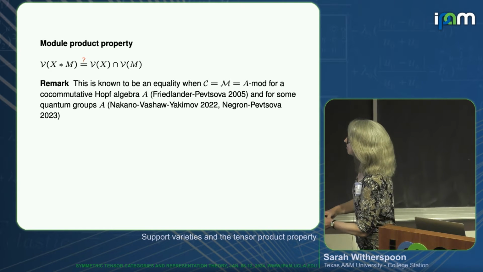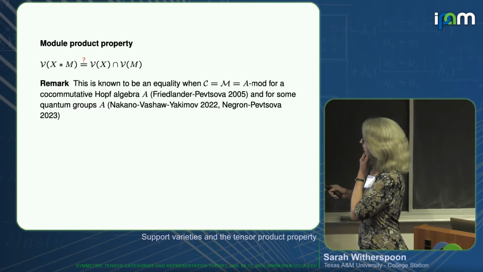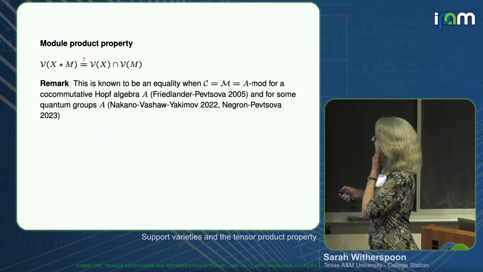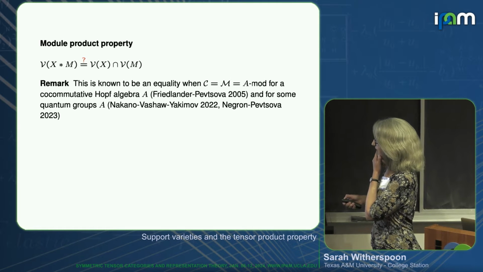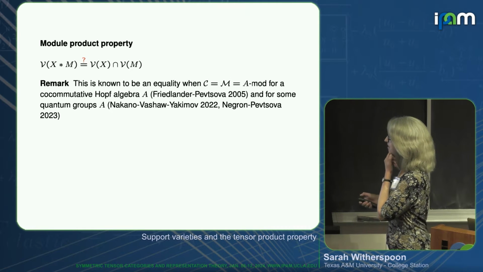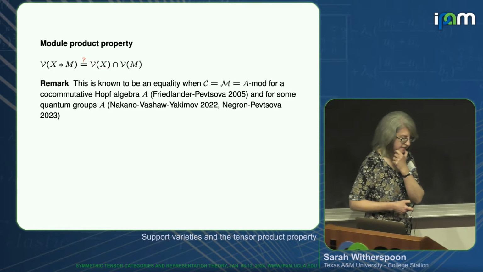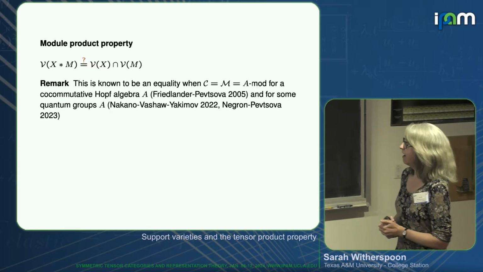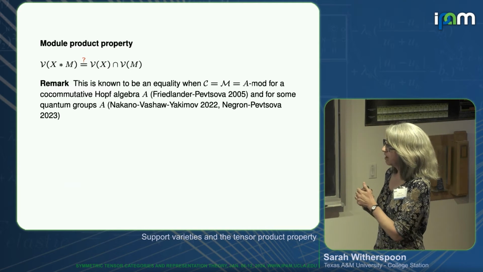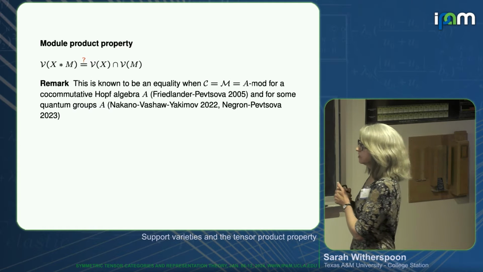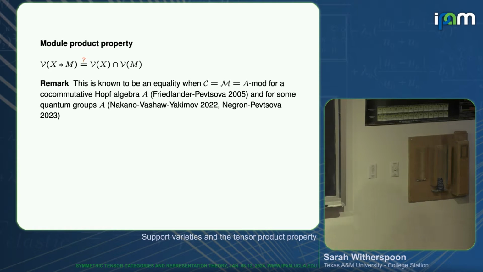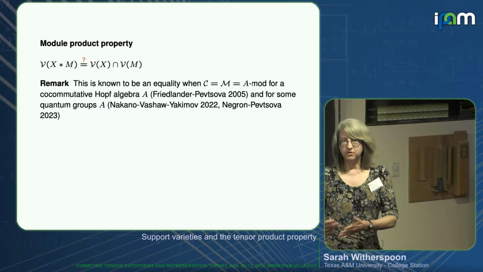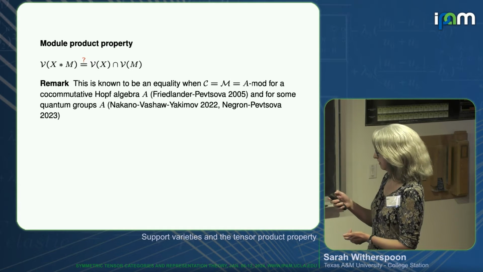Also, for some quantum groups, there's this recent work of Yulia Pevtsova with Chris Negron, and also Kent Vashaw, who's here, with Dan Nakano and Yakimov again, where they looked at some types of examples, for example, some quantum Borel groups. So this module product property is known in a number of settings. When it's known, it's often useful, for example, for classifying thick tensor ideals. So it can be very useful.